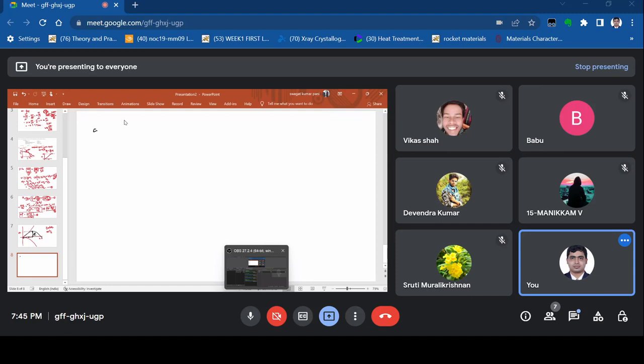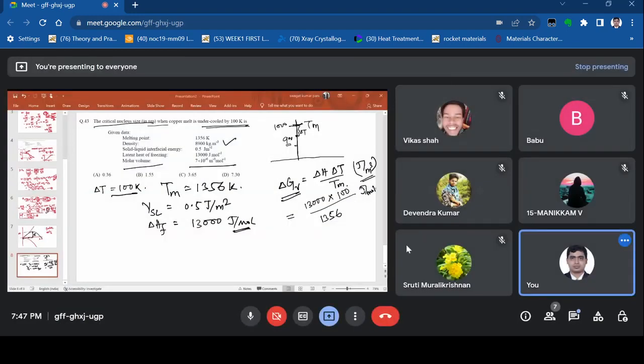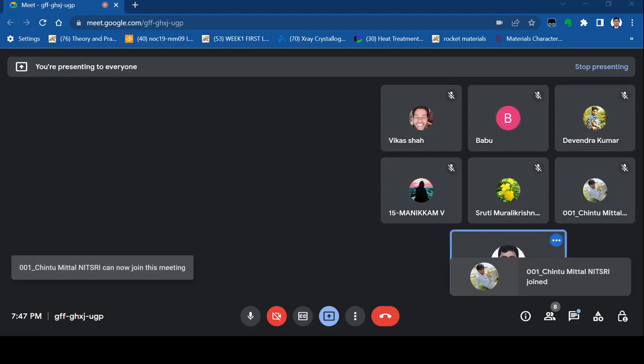So this value we get in joule per mole. So here the molar volume is given 7 × 10⁻⁶ meter cube per mole. This is a mistake, this should not be negative, this is meter cube per mole.